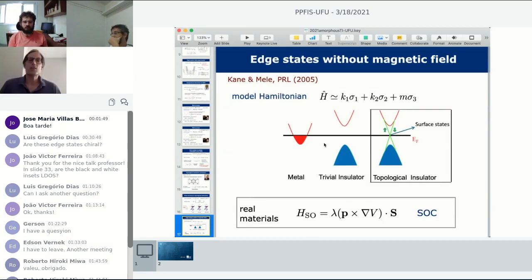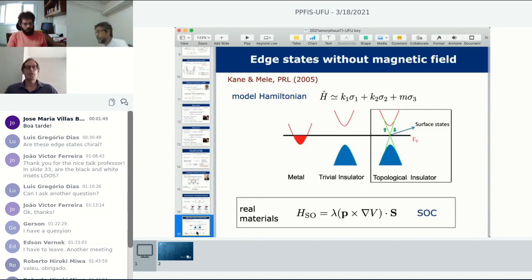But then they understood that by including spin and doubling the manifold, and including spin-orbit interactions, you could have a cousin of this model that Haldane proposed, and in real materials you have good candidates for the topological phase. Okay, and from there on the field really took off.